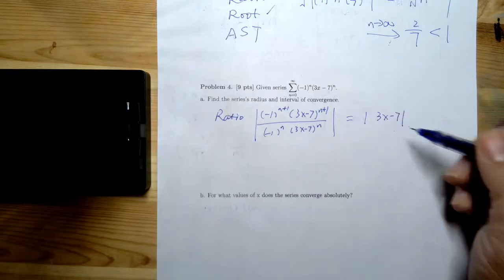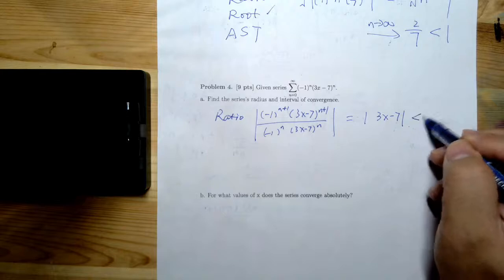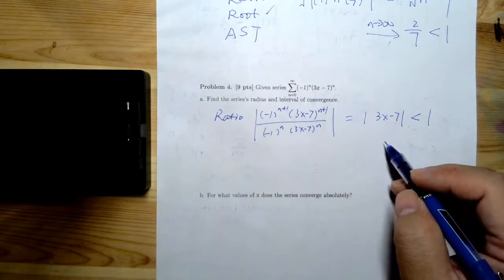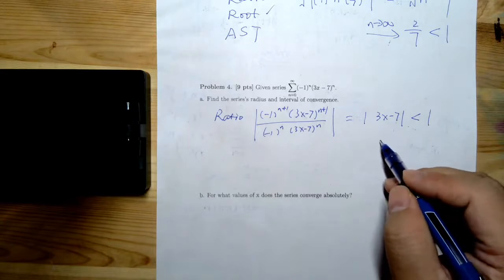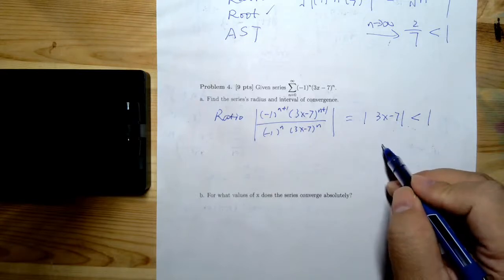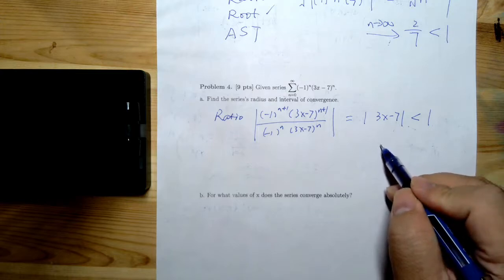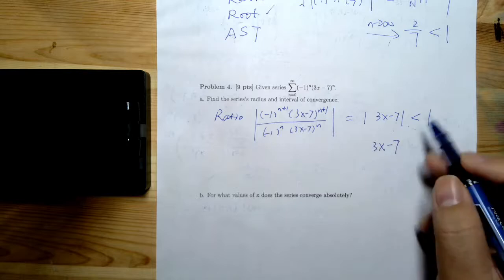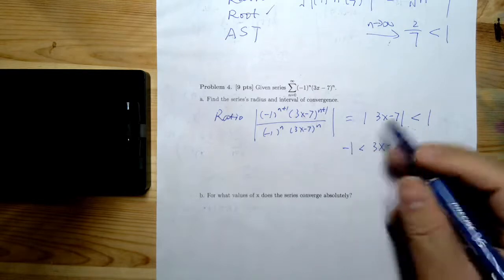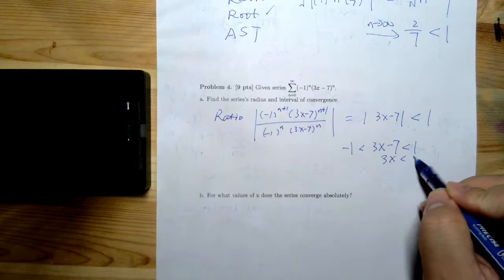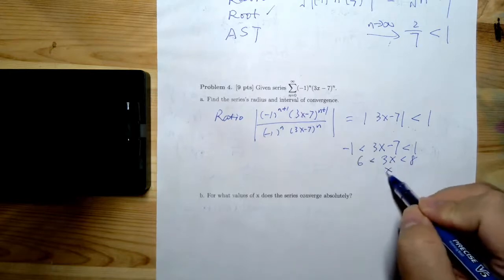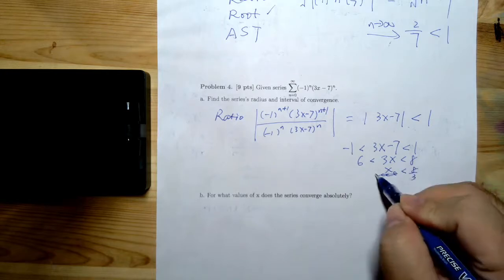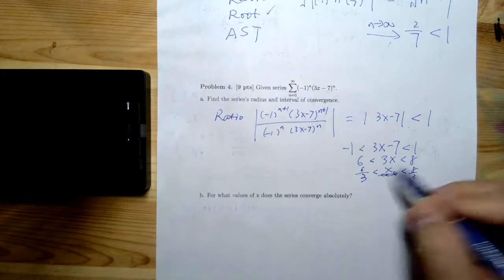It turns out we're going to have the absolute value of 3x minus 7. Based on the ratio test, if this is less than 1, we get that 3x minus 7 is less than 1 and greater than negative 1, so 3x is less than 8 and greater than 6, so x is less than 8 over 3 and greater than 6 over 3.